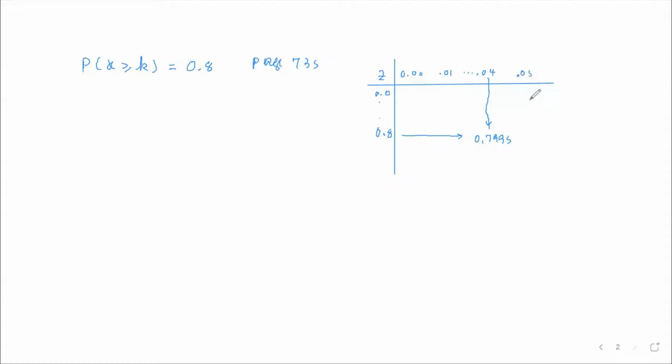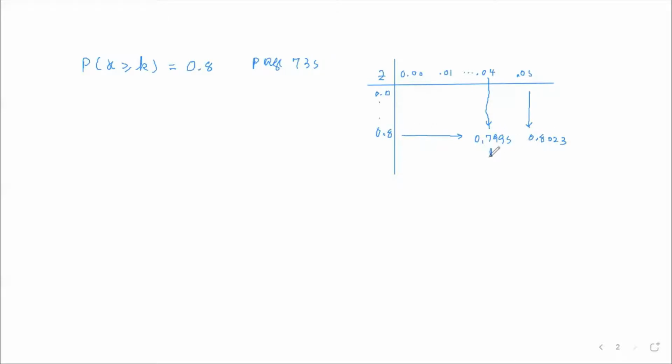When you go down, you meet 0.5, 0.85 is going to be 0.802. Okay, so we get the between now. 0.8 is between these two numbers.